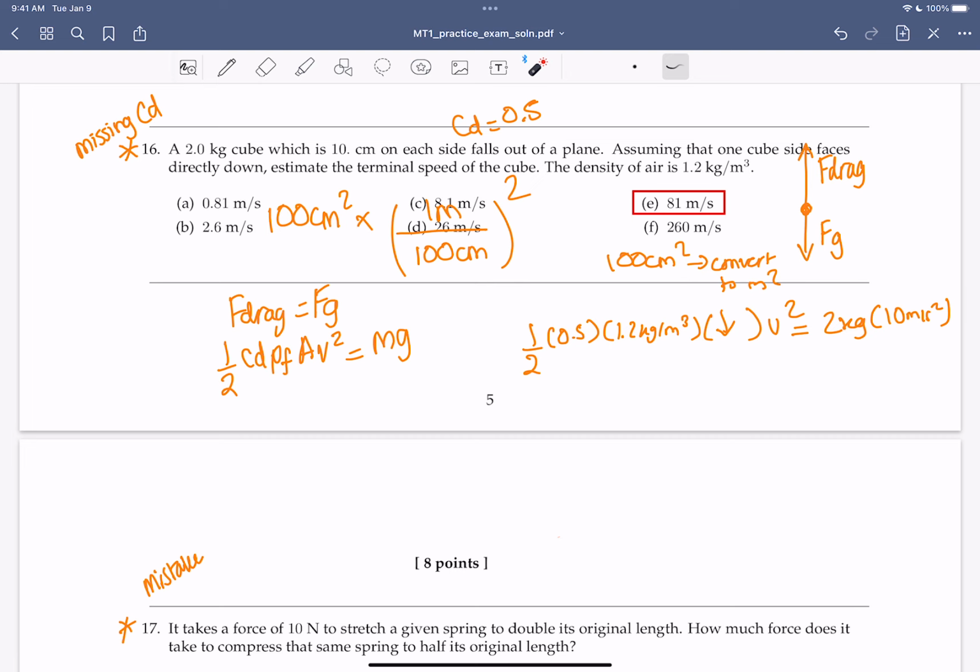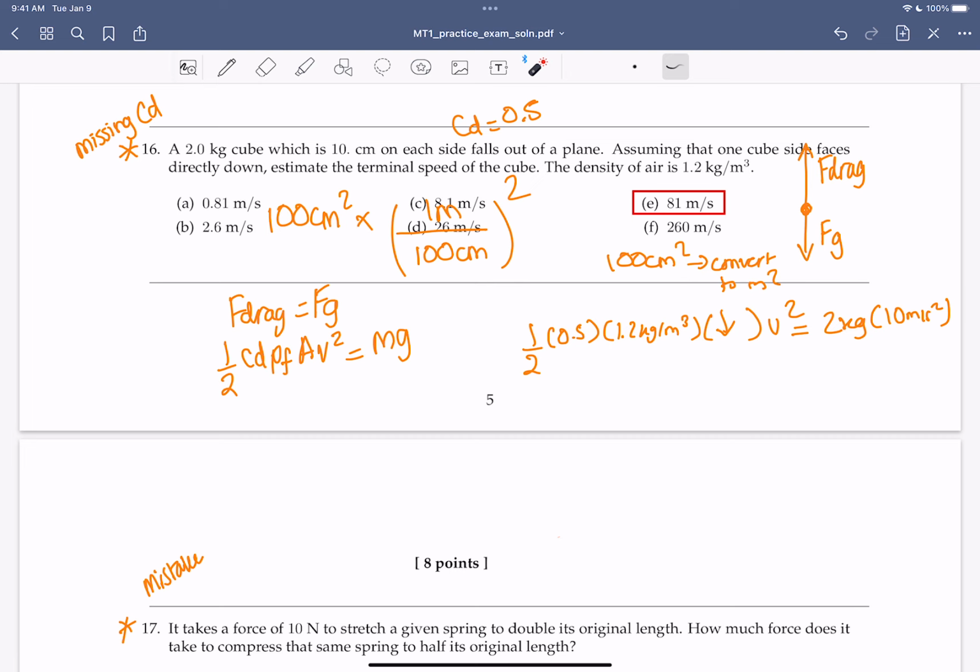Okay. So, I mean, you should have half times 0.5 for your drag coefficient, times 1.2 kilograms per meter cubed for your fluid density, times your cross-sectional area, which should be 0.01 meters squared, times your terminal speed squared, and that should be equal to 20 newtons on the right.